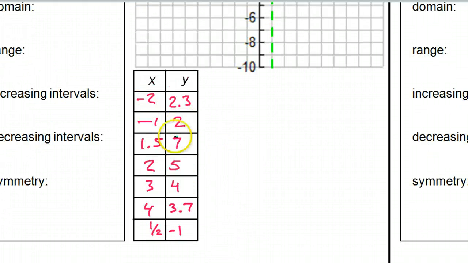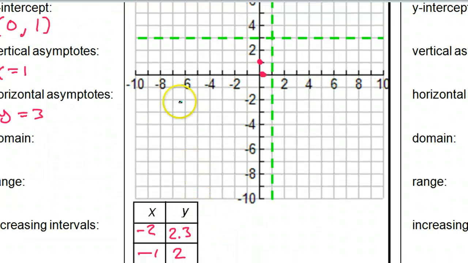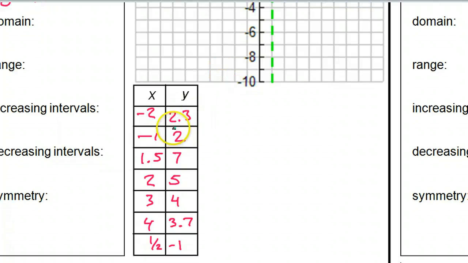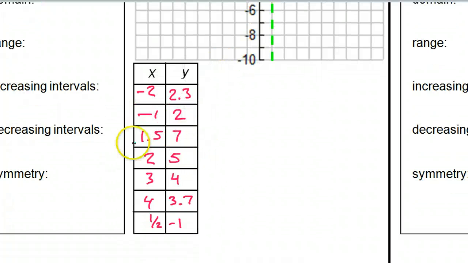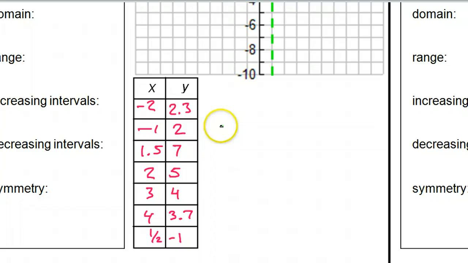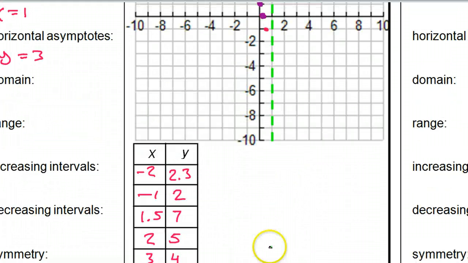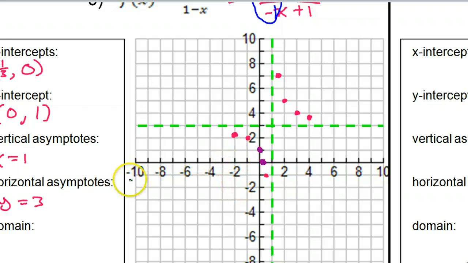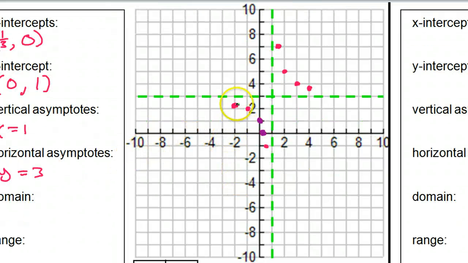Alright, so now I have all these points. I can't wait to graph them and get a picture of what this function is going to look like. But I think I will plot these points off camera. Alright, I've now plotted each of these points. Drum roll, please. This is what those points look like once graphed. And this display of points gives me a pretty good idea of what the graph looks like.